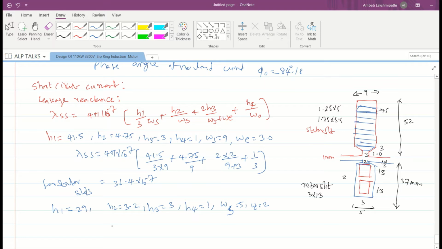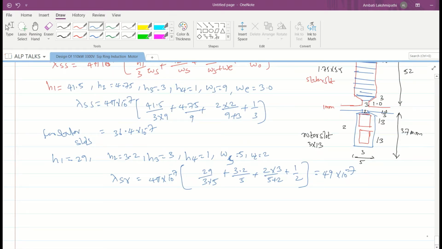Similarly, for lambda SR for the rotor we can calculate using the same formula, 4 pi into 10 power minus 7, with 29 by 3 into 5, plus 3.2 by 5 plus 2, plus 2 into 3 by 5 plus 2, and 1 by 2. With this we will get a value of 49 into 10 power minus 7.